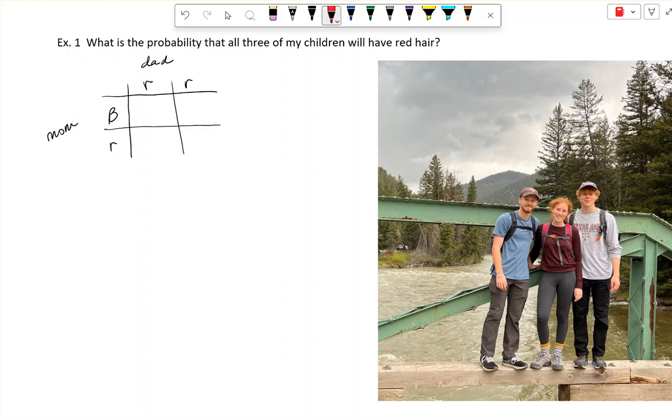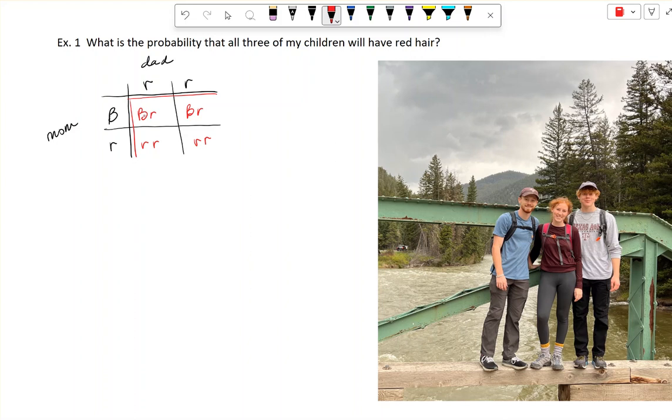So the possible outcomes for the combinations here look like this. We could have a brown and a red. We could have a brown and a red. We could have a red and a red. And we could have a red and a red. These are the 4 possible combinations of the genes that my husband and I would pass on to our children.